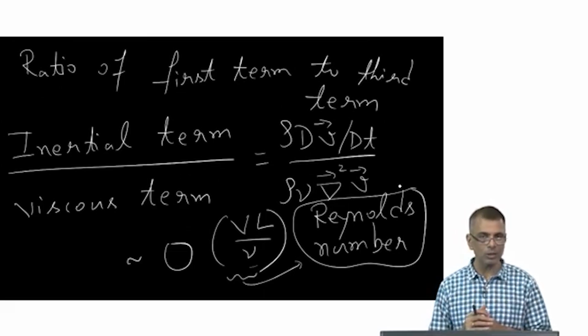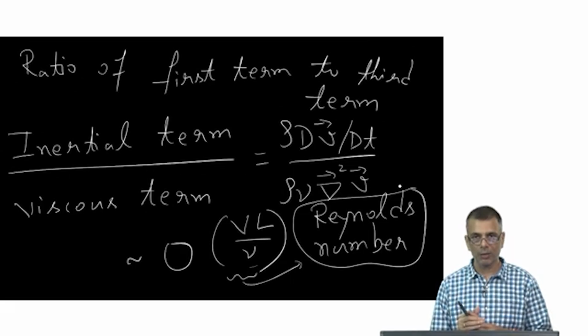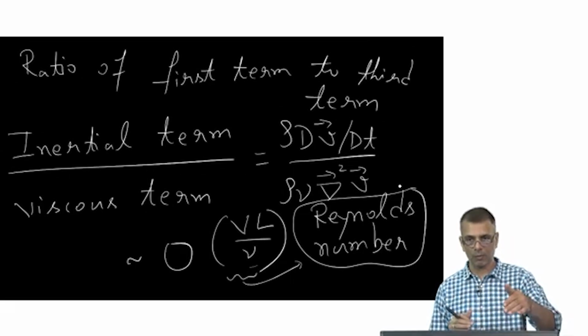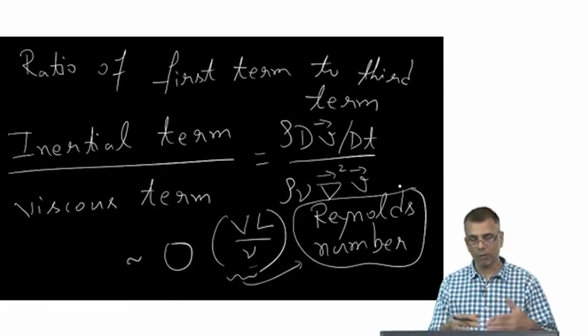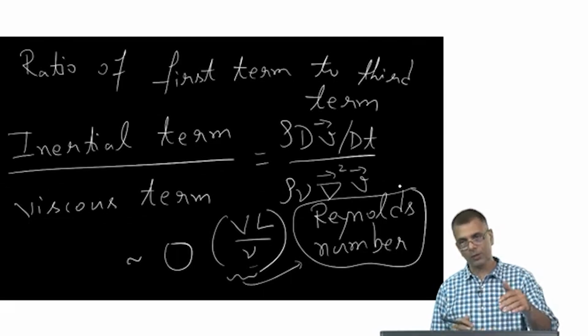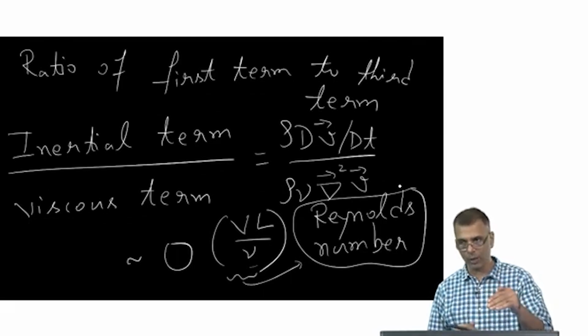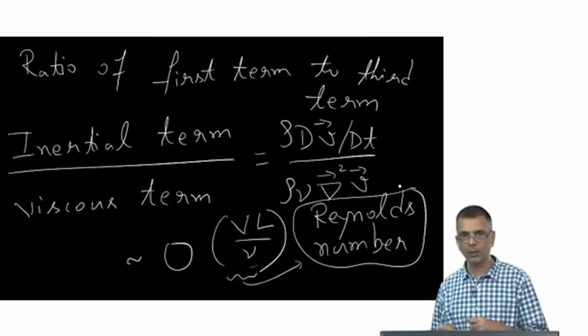We will stop here for the time being, and we will take this philosophy of these terms a little farther. Instead of invoking these terms in a systematic fashion as we have done now, I will simply list out a few other dimensionless numbers that are commonly used in fluid dynamics, and then we will go on.